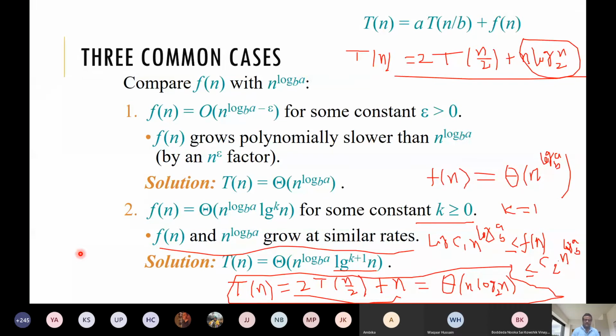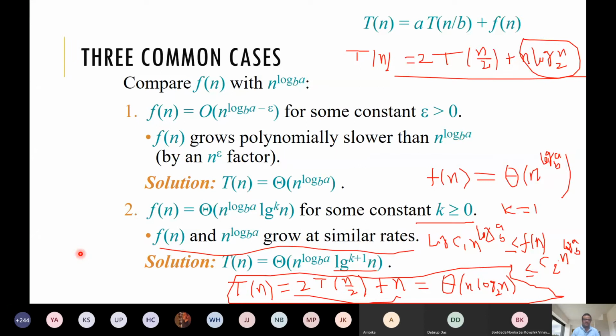Sir, in case 1, will the epsilon always be a natural number? No, not necessarily. You may be thinking whether we can write log n as n to the power epsilon. Can you try that? Log n is not a polynomial term.